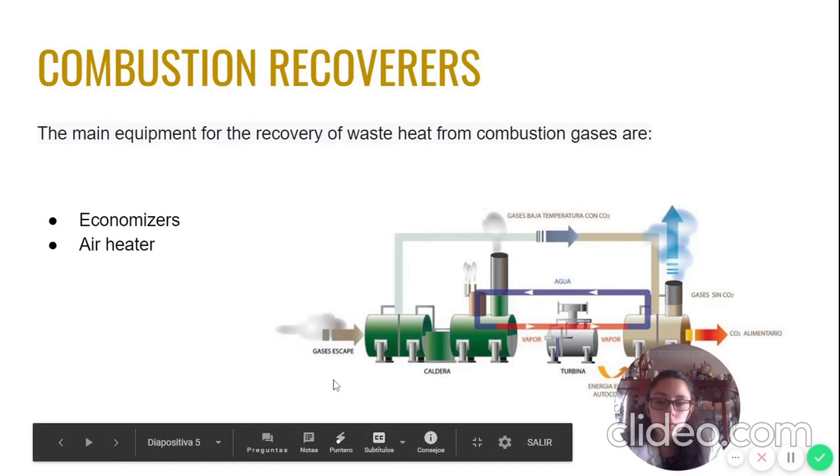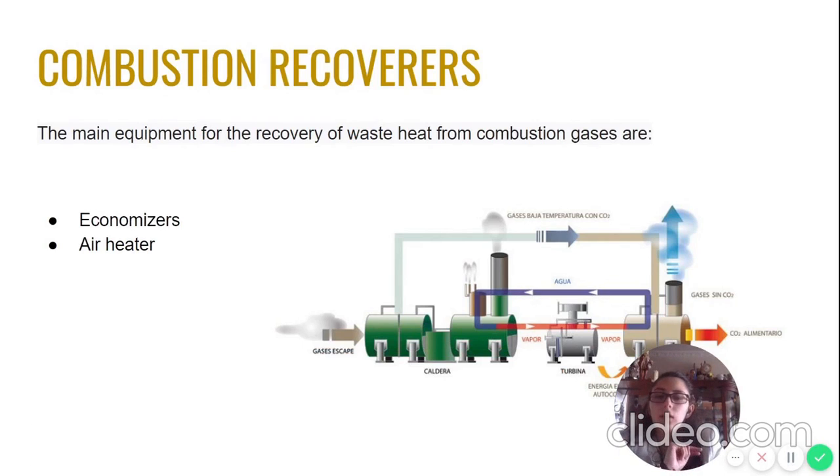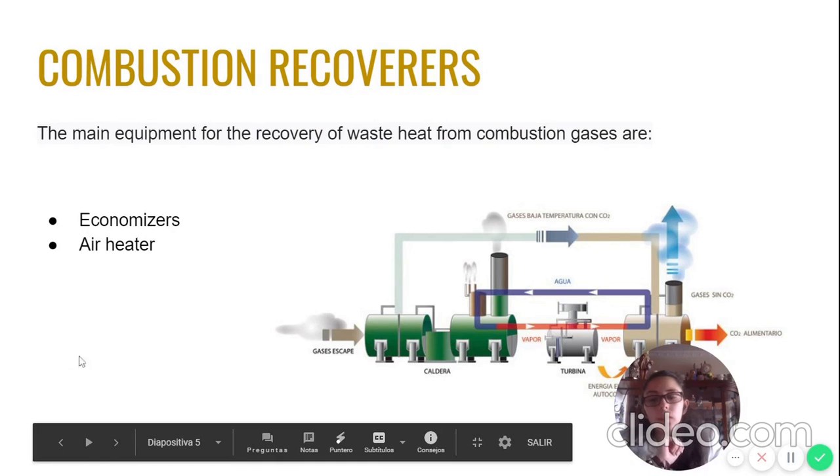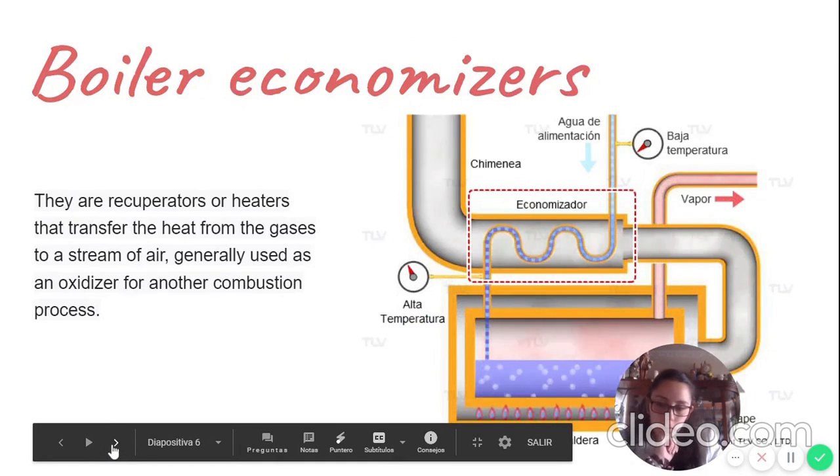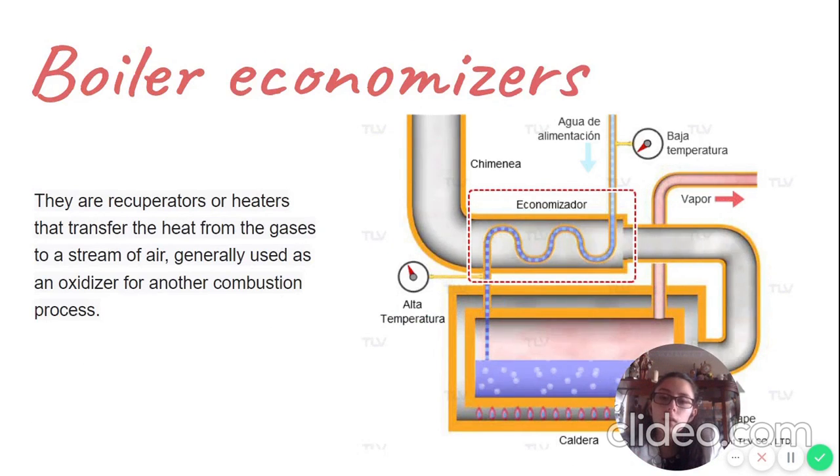Combustion gas recoverers are basically divided into two types, economizer and aerator. The first is boiler economizers, in which water is heated with the heat of the gases.